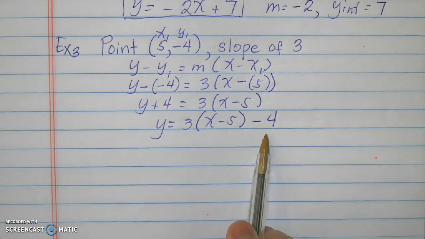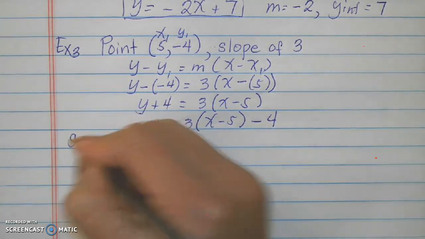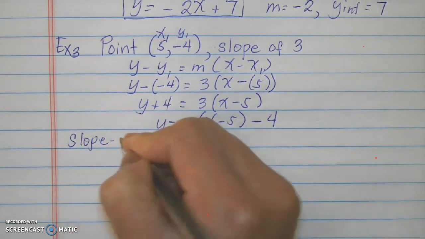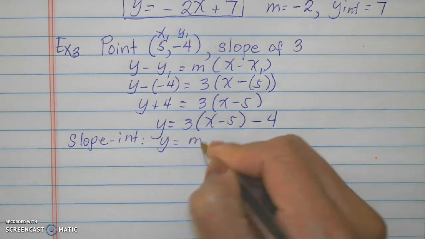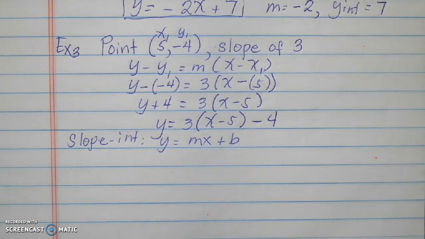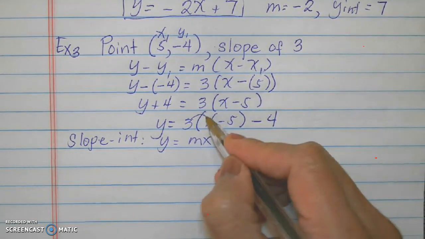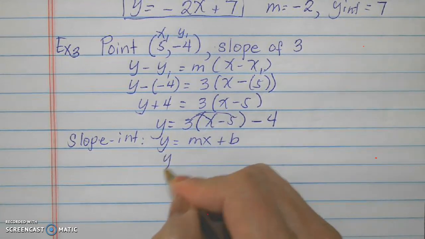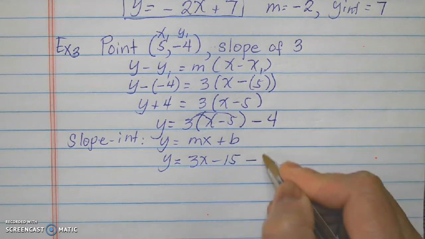Now again, if you want to go ahead and extend this and make this look like a slope-intercept form, then you will have to use y equals mx plus b as your equation, which we can easily do. You need to distribute the 3 to both the x and the negative 5, making it become y equals 3x minus 15 minus 4.